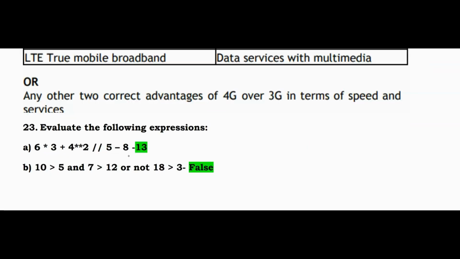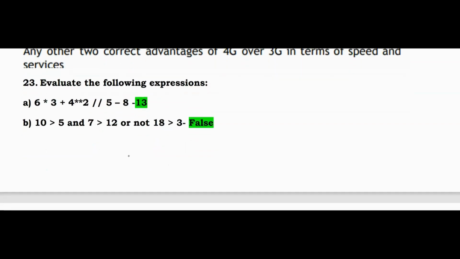So the next question is, evaluate the following expressions. So let us evaluate this question now. 6 star 3 plus 4 exponent 2 floor division 5 minus 8. Okay, first we will be executing the exponent, 4 to the power of 2. 4 4s are 16. 16 floor division 5 minus 8.